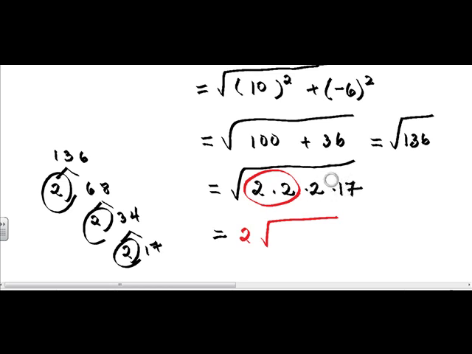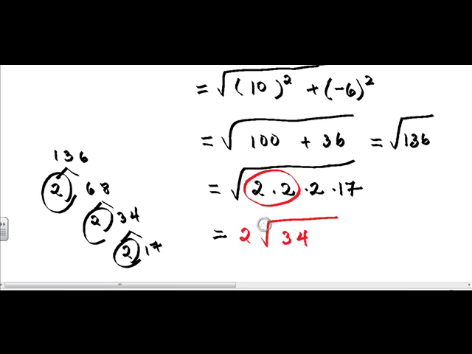There's no way I can get the square root of 2 and 17. So now all you have to do is take 2 times 17, you get 34. That's how you simplify the square root. First, break down the number into primes and rewrite like that, and you group each number by 2. I pick only one 2 for each pair, and the leftover you multiply, and it stays inside.